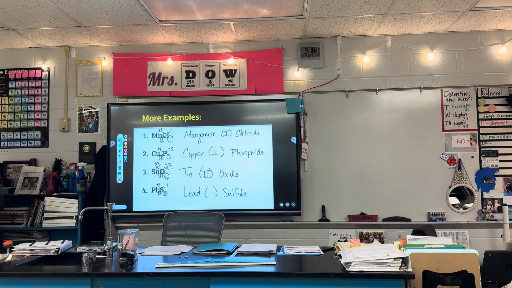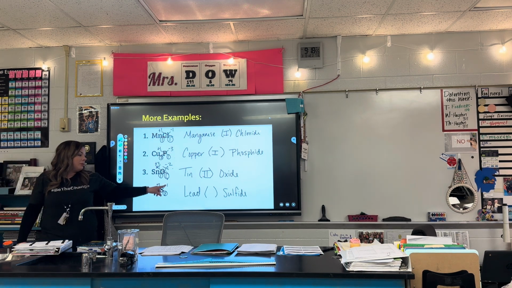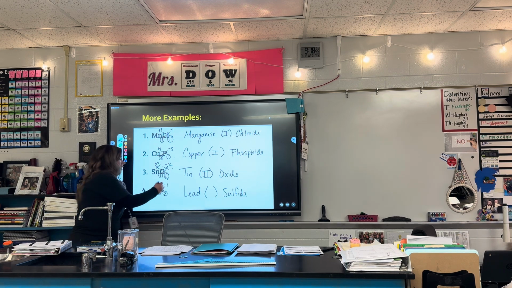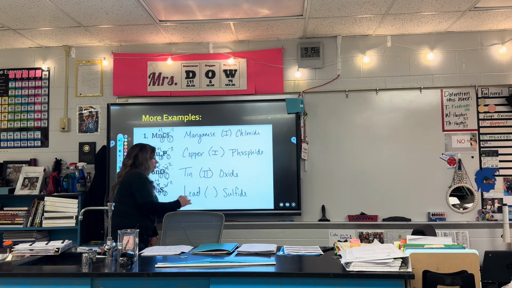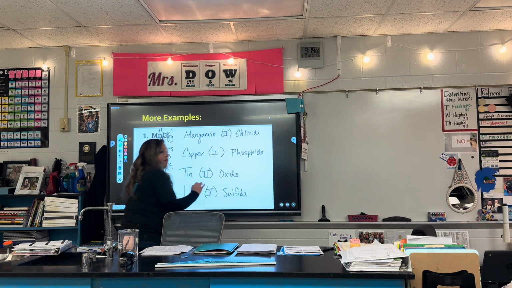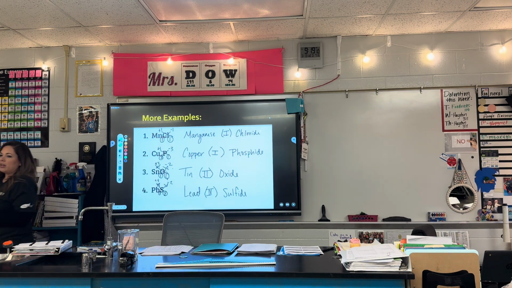Is sulfur a -1? No. What is it? -2. So I would have to multiply that by 2. And if I multiply this by 2, I have to multiply this by 2. So this becomes -2. What does lead become? +4. So this would be lead 4 sulfide.